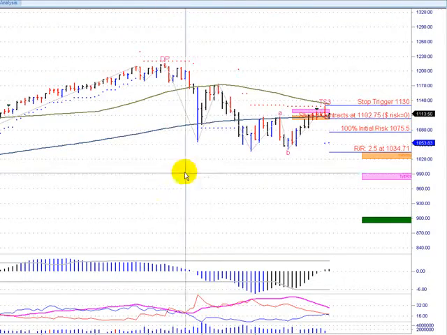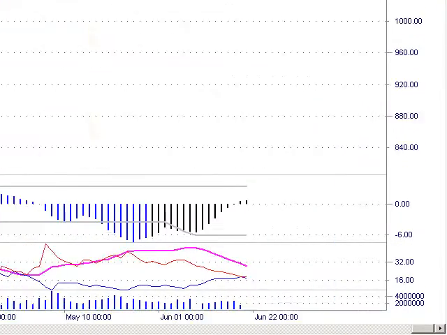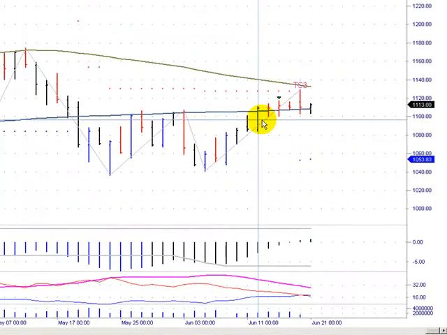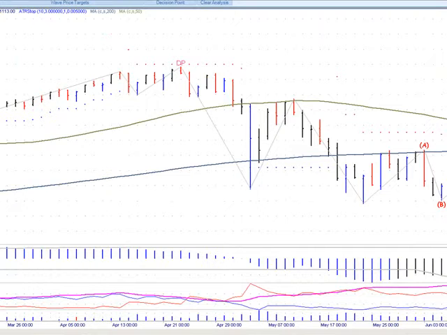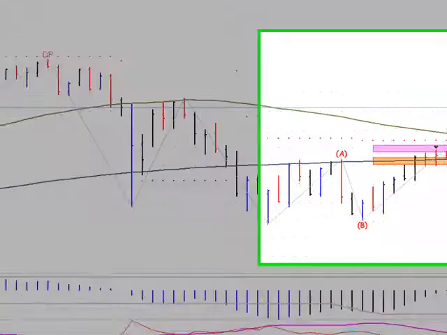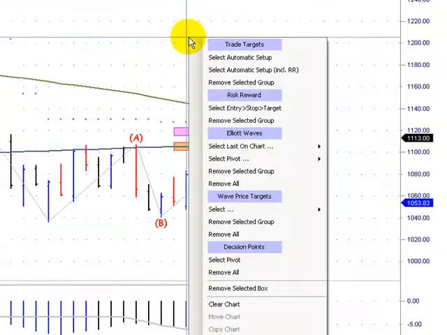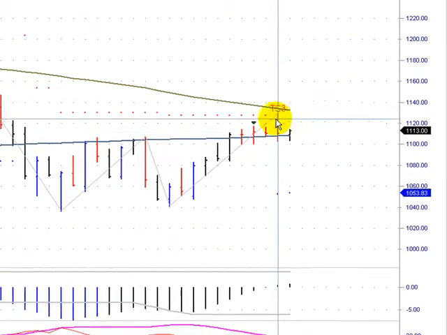And here's the S&P. Let me just remove this for a second. You see the S&P is very similar in setup to what we had on the Australian dollar yen pair there. So we have this ABC pattern. I just put the Elliott wave analysis on that just so you can see the automatic TS3 as well.